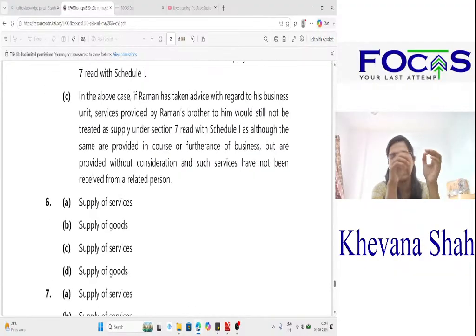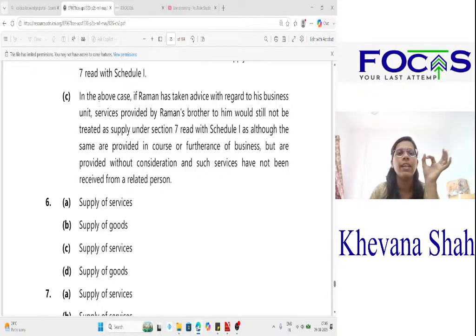But remember again, Raman and him are not related persons. Why? Because Raman's brother is not wholly dependent on him. So as per the definition of related person, these two are not related persons. Okay. So in this case also, this will not be your supply.